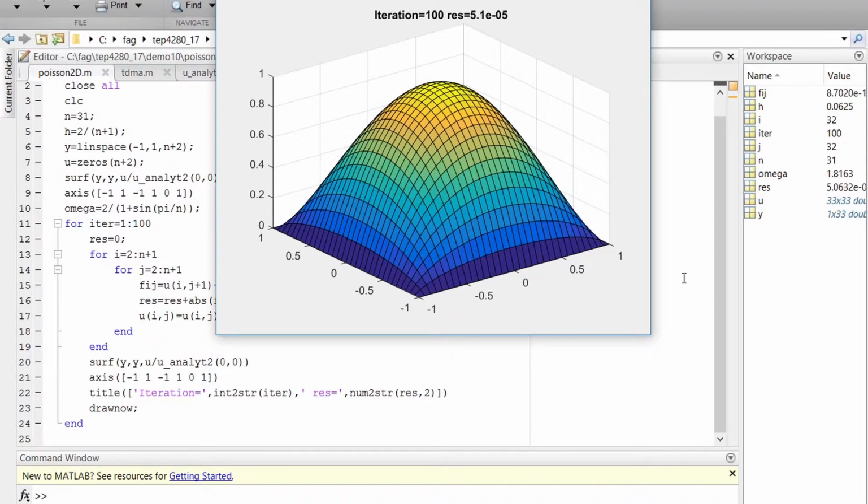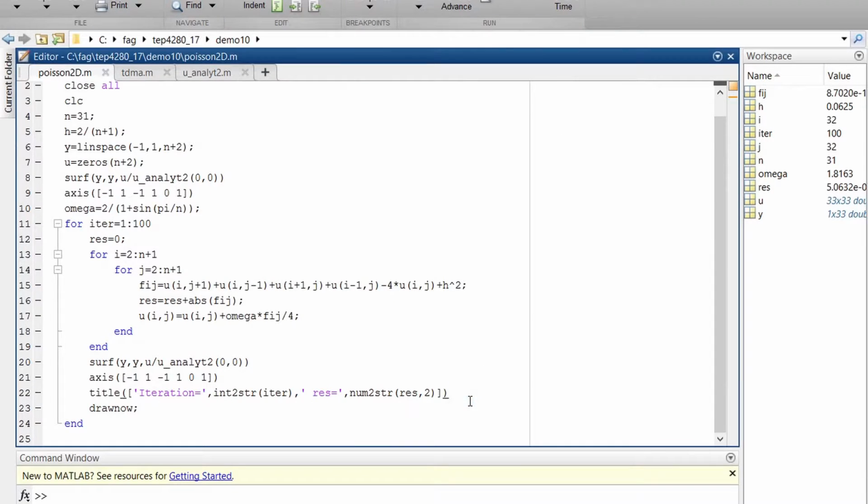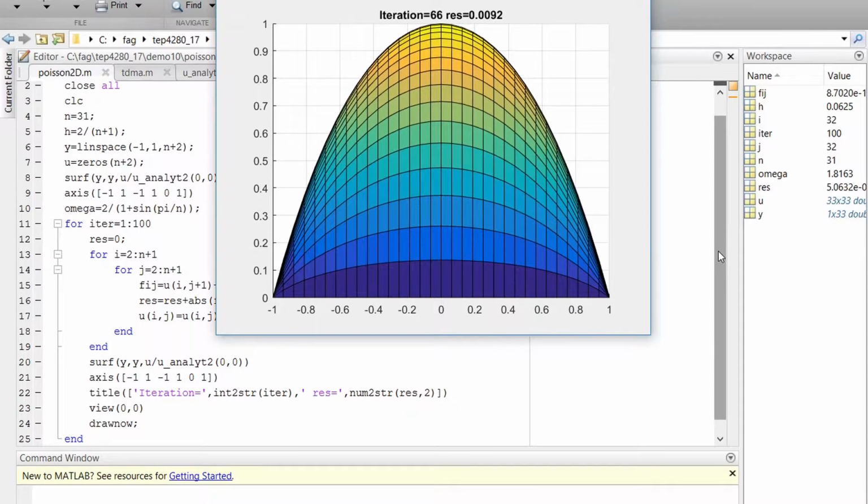You see the residual, very, very small indeed. If you want to have a view from the side, you could use this one, view 0, 0. Then you see it from the side. Actually better.